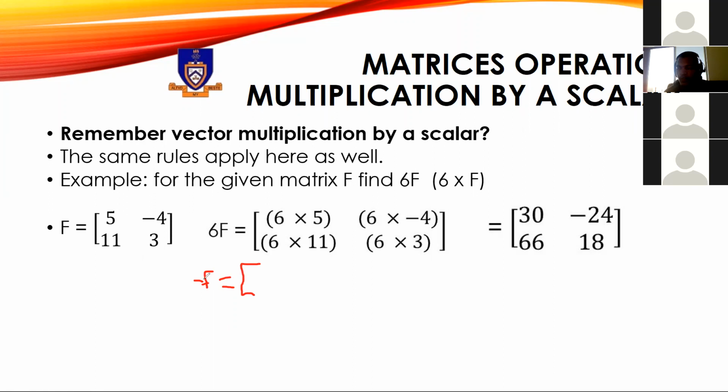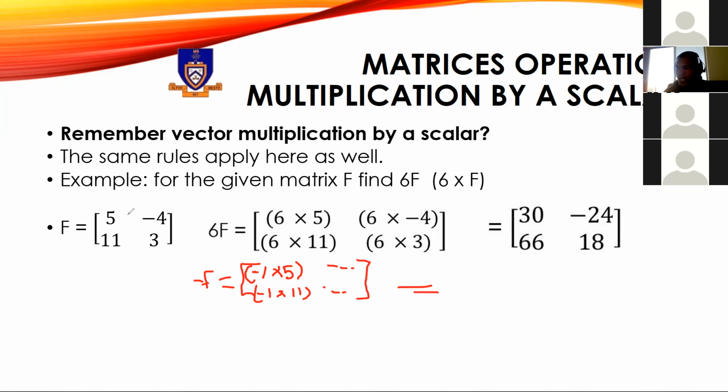So if it's negative f, that means everything inside here will just be negative 1 times 5, okay? That we put in a bracket because it's separate, negative 1 times 11. And you can see we will continue like that for everything in the matrix.